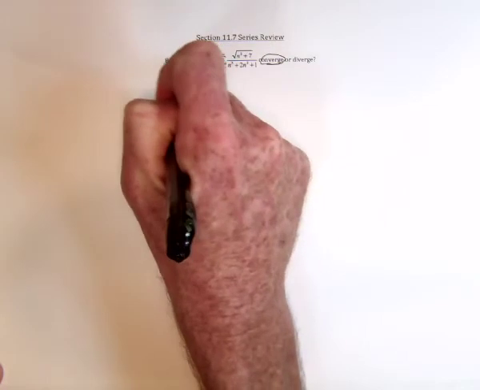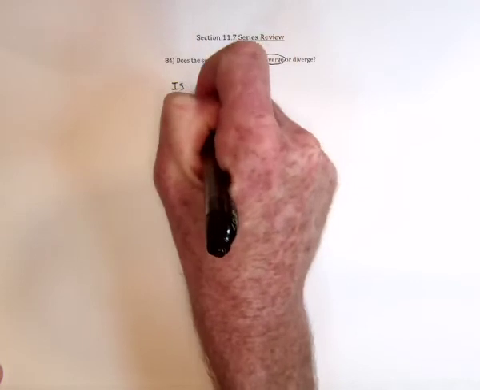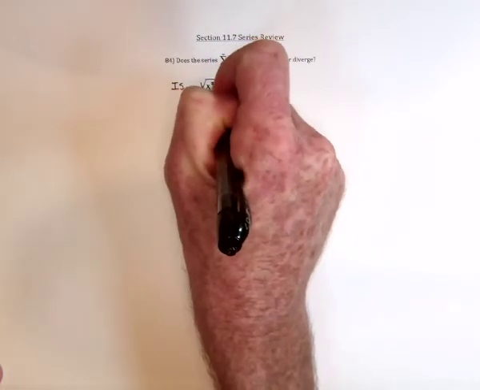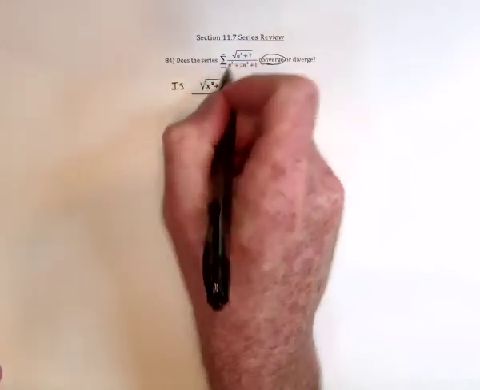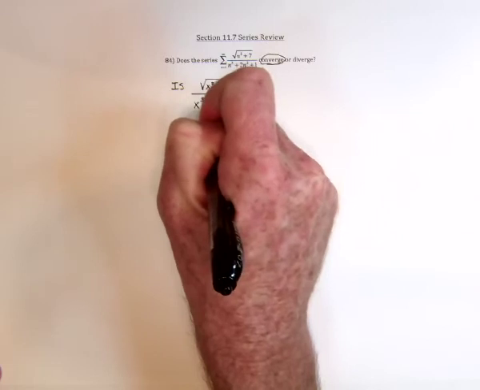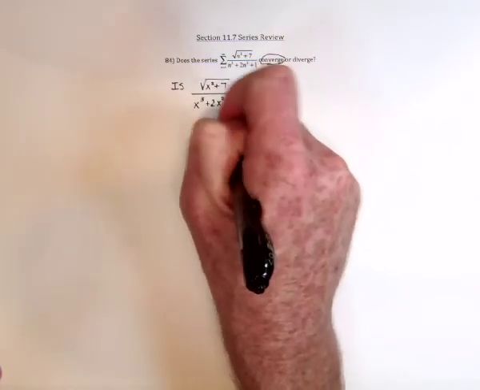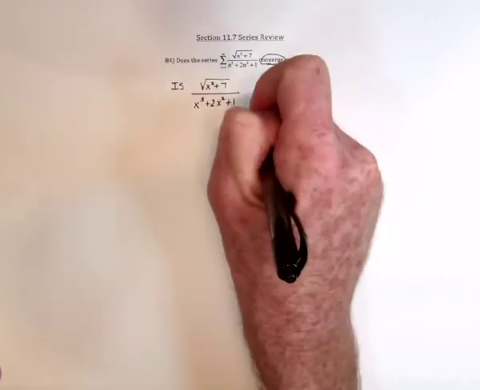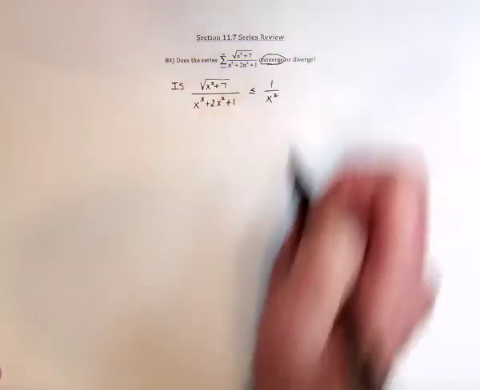So that is our function. Oops, I used an x. So I'm going to go ahead and use x's. So is our function less than or equal to 1 over x squared?